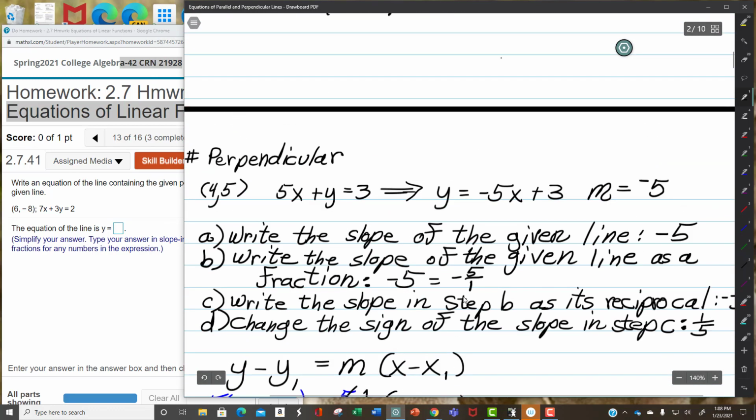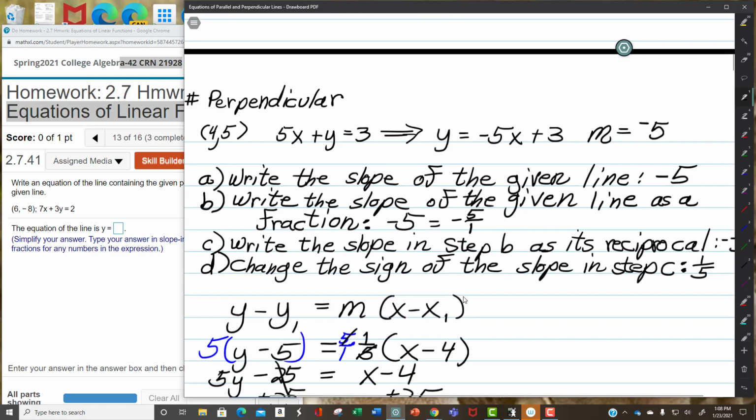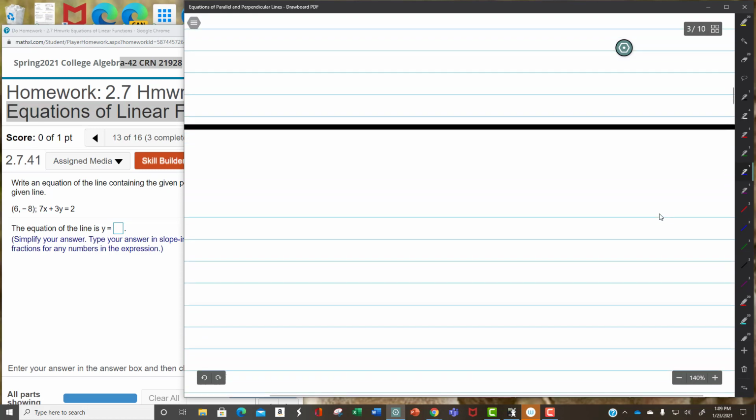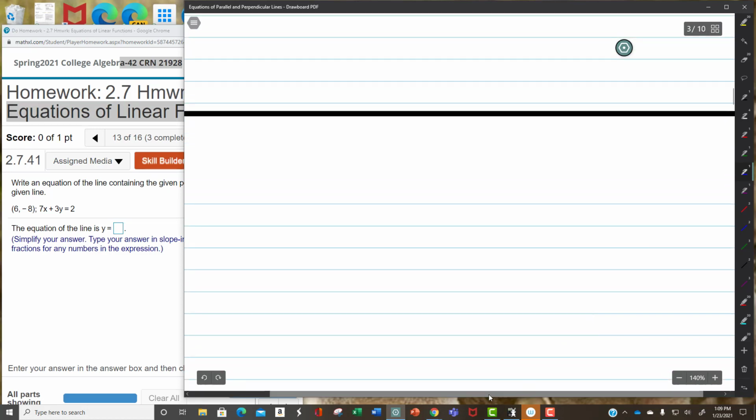13. This must have been 12. Did I write that down? No, I wrote number perpendicular. So let me number 12. Number 13.